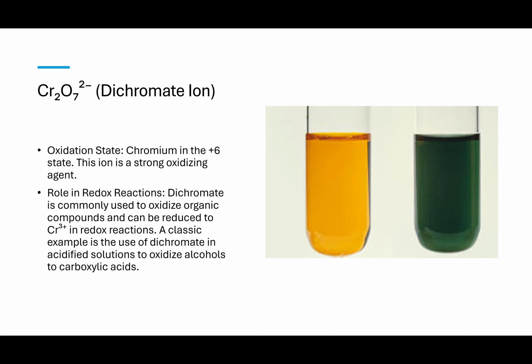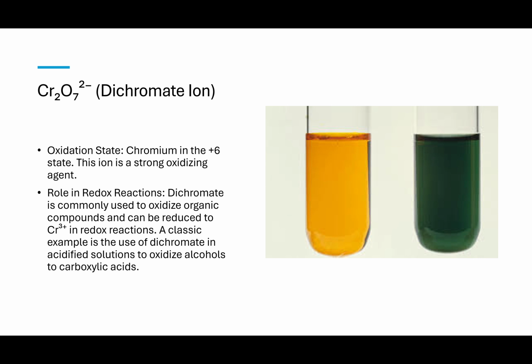All right. Same thing for its dichromate ion, all right? We tend to use that as a strong oxidizing agent, right? So we have that there, right? Dichromate is commonly used to oxidize organic compounds and can be reduced back to 3 plus in redox reactions, right?